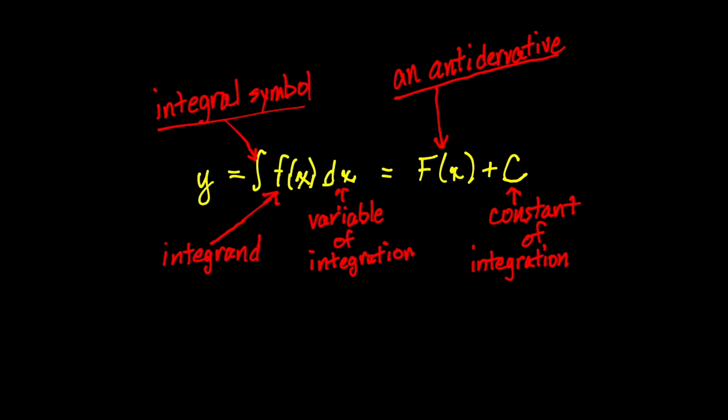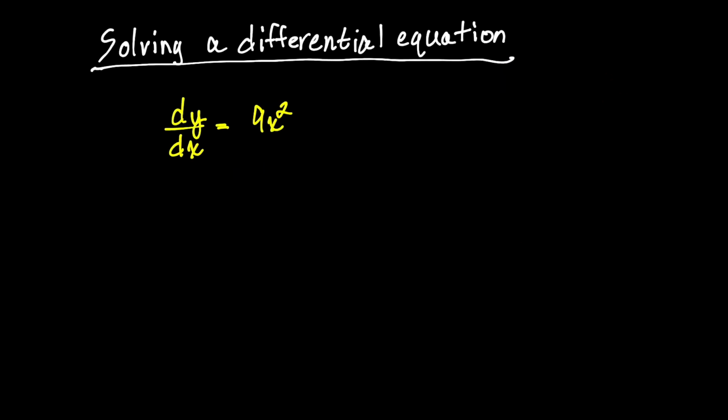So without further ado, an actual example. This is another differential equation. It says solve the differential equation: dy/dx equals 9x squared. So 9x squared means it had to have come from something with x cubed. What we're doing is adding 1 to the exponent, just like when we take the derivative, we subtract 1 from the exponent.